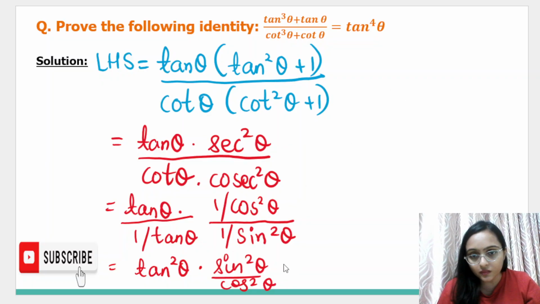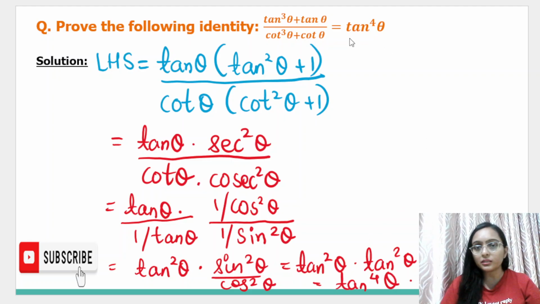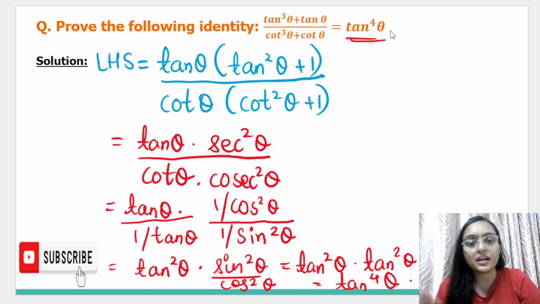So we get the same thing, tan²θ multiplied by tan²θ, which is nothing but tan⁴θ. So this is nothing but our RHS. As the left hand side is equal to the right hand side, we have proved this given identity.